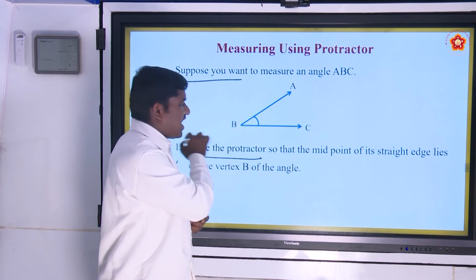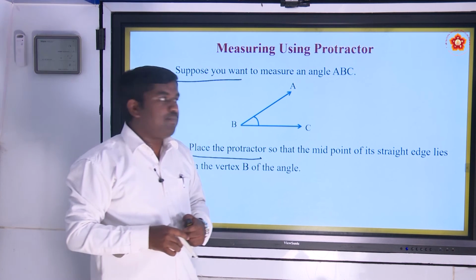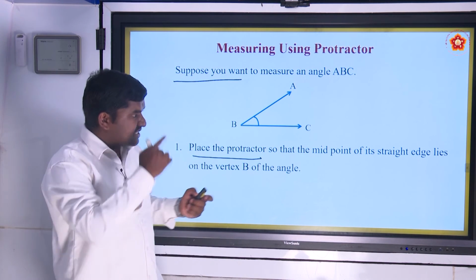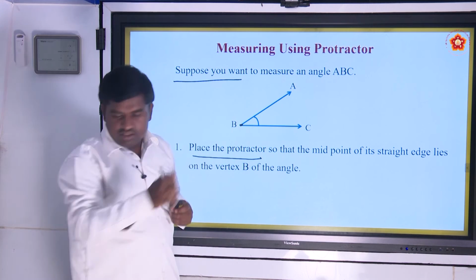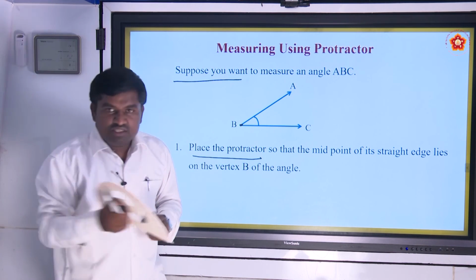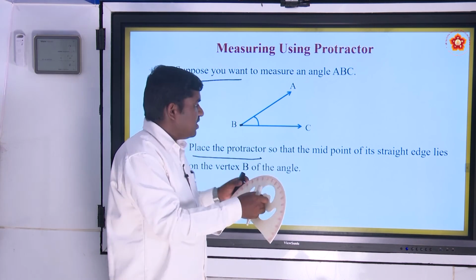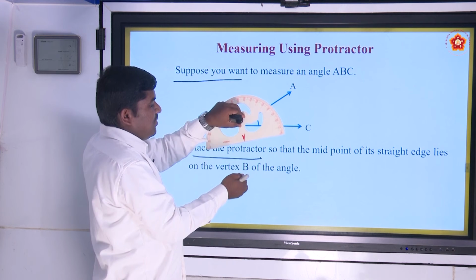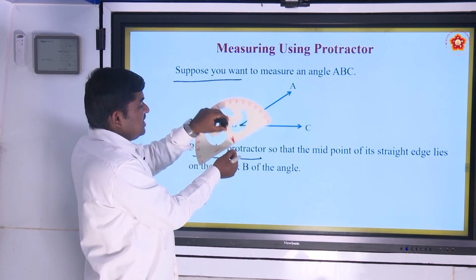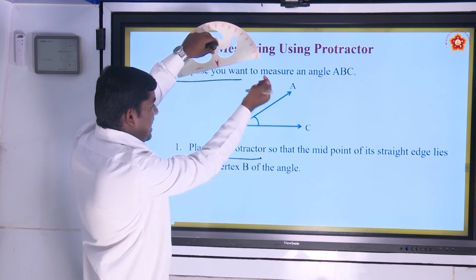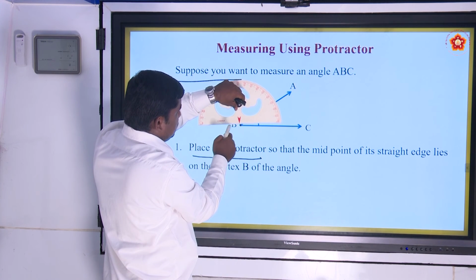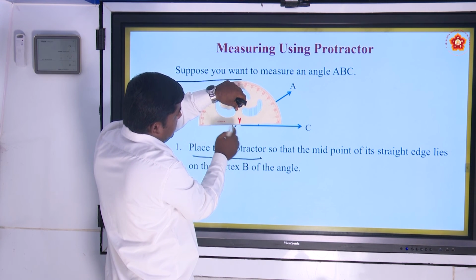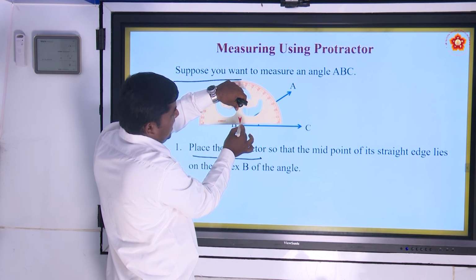First place the protractor so that the midpoint of the protractor's straight line lies on the vertex B. See, this is a protractor. It has the midpoint. This midpoint should lie on the vertex B. This is the vertex, you know that.